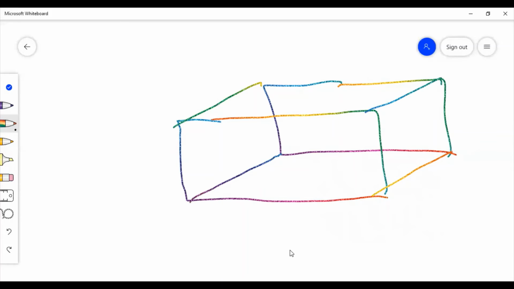I'm sure that you can imagine this box. So 3, 4 and x. 4 may be the length, 3 may be the height.